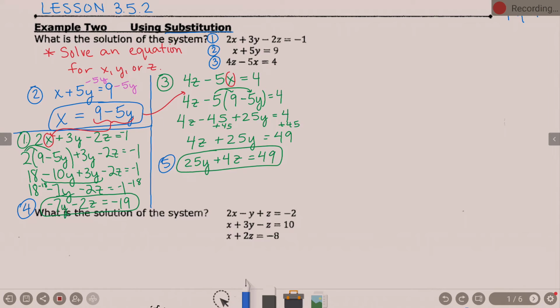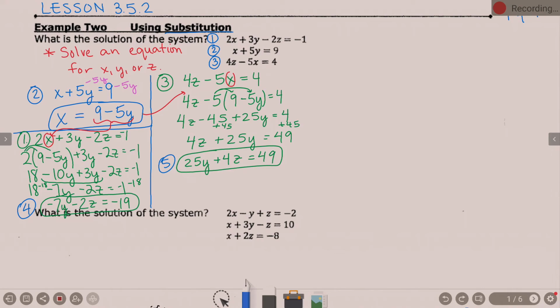Okay. I would like to make the statement that's the hard part. Because from here, we're going to do exactly what we did last week. Once you get equations 4 and 5, we're going to put those together, and we're going to do the math there. Now, here's the deal.